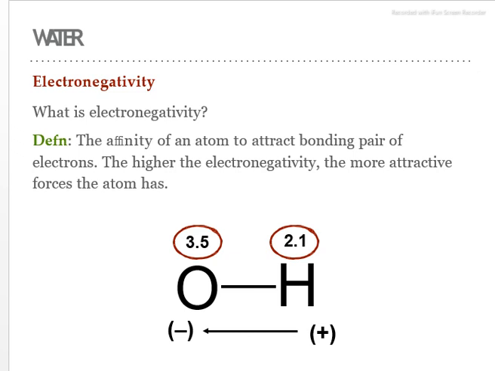If the electronegativity is high, it means it has more attractive forces towards the electrons. In the case of oxygen, the electronegativity is around 3.5 and hydrogen is 2.1.